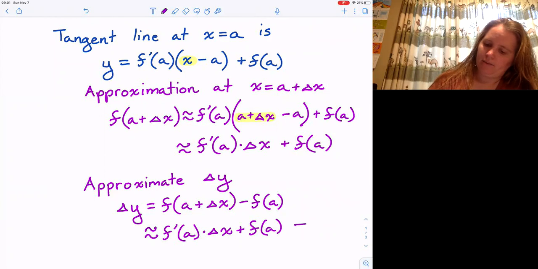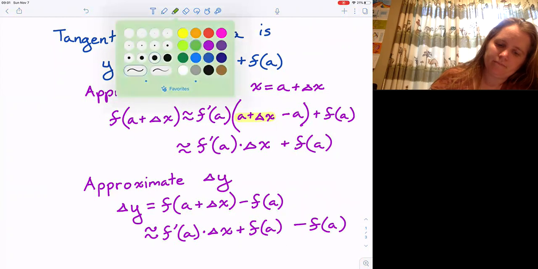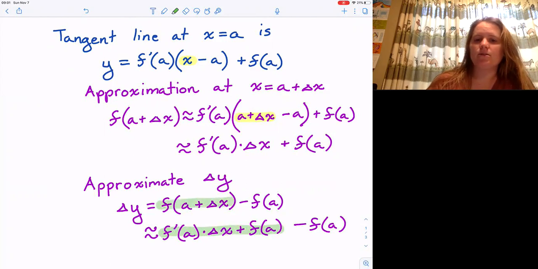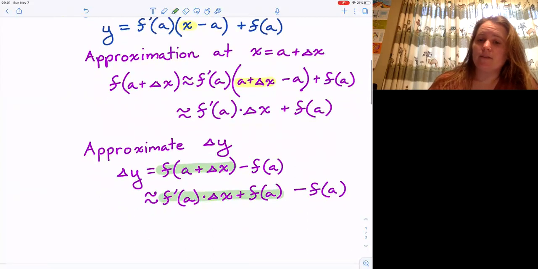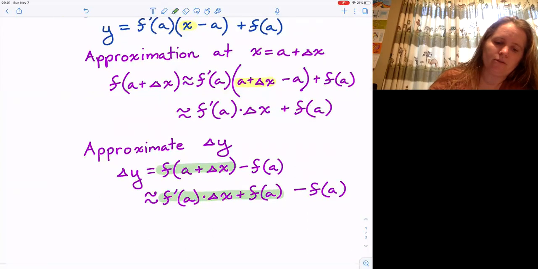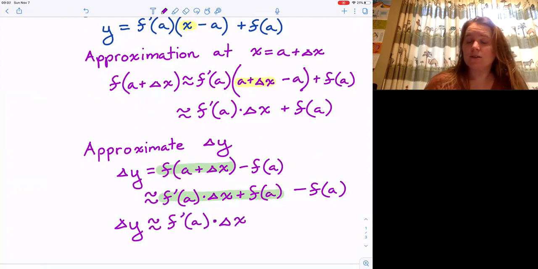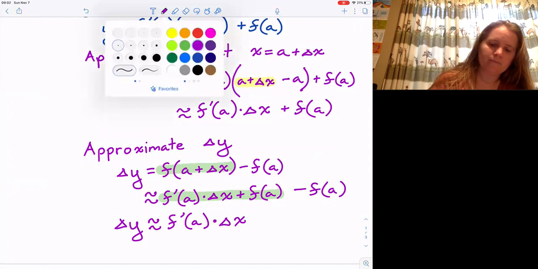And then we have minus f of a at the end. So again, this f prime of a times change in x plus f of a is our approximation for f of a plus the change in x. That plus f of a minus f of a cancels out. So we wind up with the change in y is approximately just the derivative of f evaluated at a times the change in x.